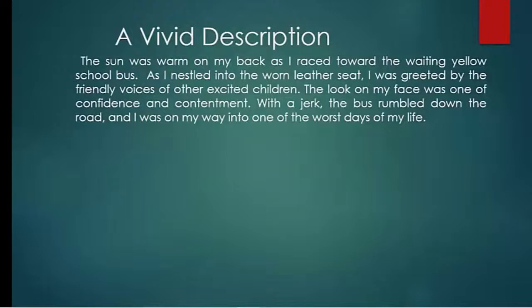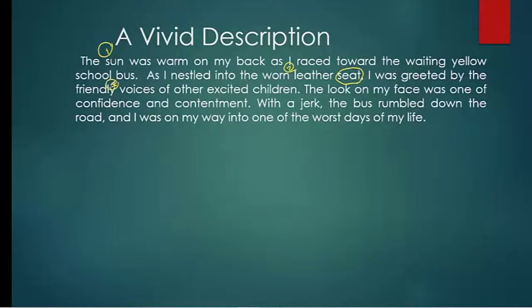But first of all, let's explain the description here. As you see, he's describing everything around him. The sun, its first description. So as I told you earlier, you can describe the weather, describe the surrounding. The sun was warm on my back as I raced toward the yellow school bus, as I nestled into the worn leather seat. This is another description for the seats in the bus. I was greeted by the friendly voices.